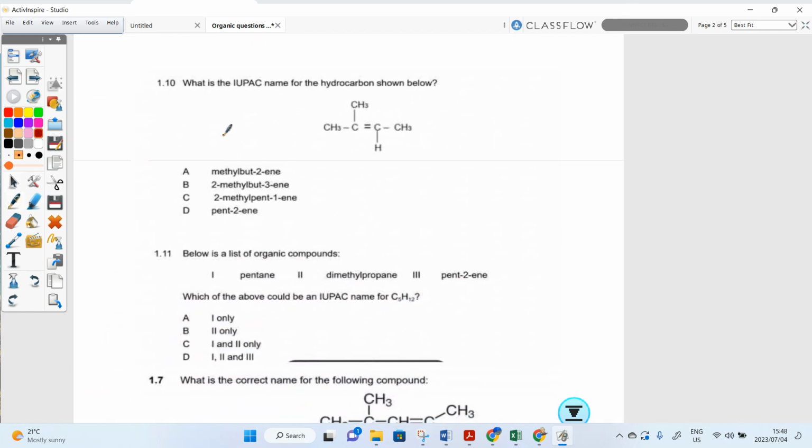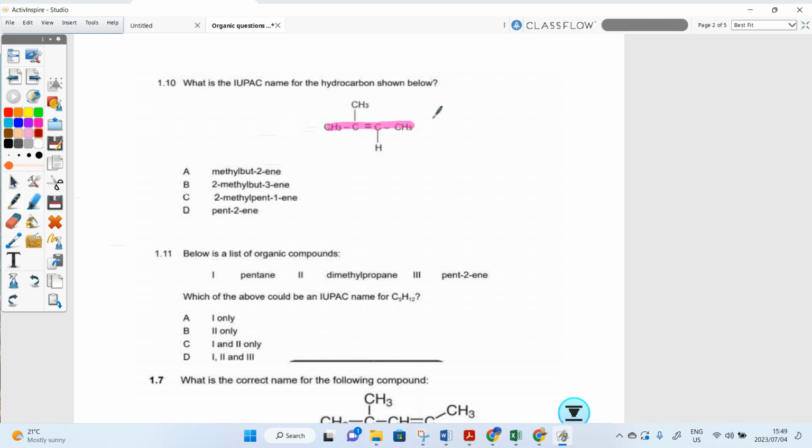Okay, now it says, what is the IUPAC name for the hydrocarbon shown below? So don't look at the answers. Go and name it yourself first. What is the first rule when we want to name a hydrocarbon? Longest chain. So 1, 2, 3, 4, or 1, 2, 3, 4. It doesn't matter. I guess everyone likes to make the straight one the longest one. So 1, 2, 3, 4.